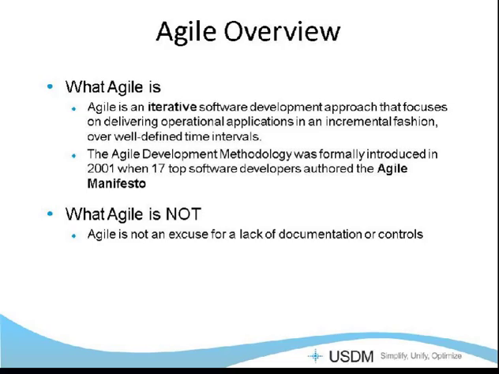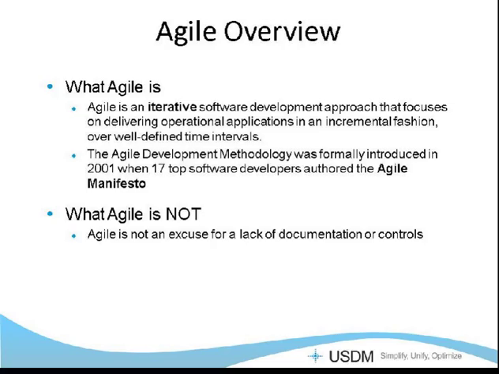It was formally introduced in 2001 when they came out with the Agile Manifesto. The one thing that Agile is not, and this is something that I wanted to clarify, is a reason or an excuse for not doing documentation or controlling the project. I've worked recently with a number of organizations that use Agile software development, and they are very, very structured in their approach.